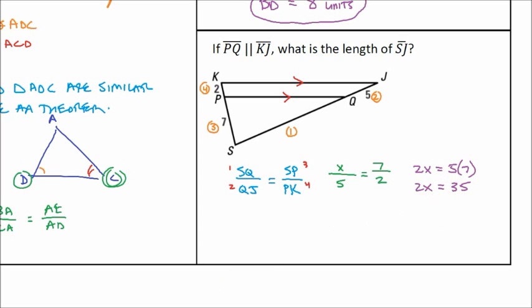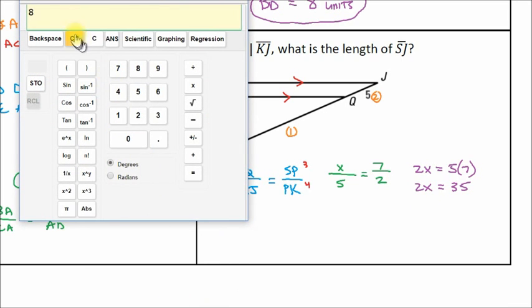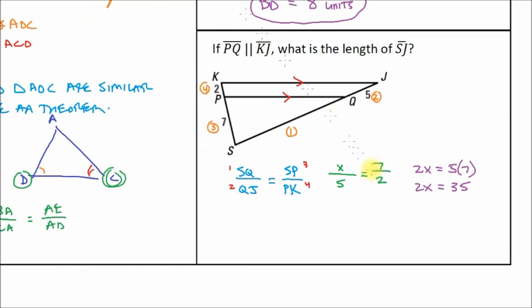And if we divide 35 by 2, 35 divided by 2 equals 17.5. So x is equal to 17.5. Well, that means we found this value right here, SQ, and that is equal to 17.5.